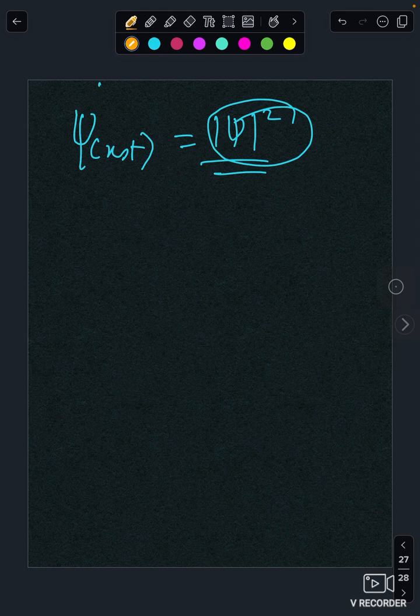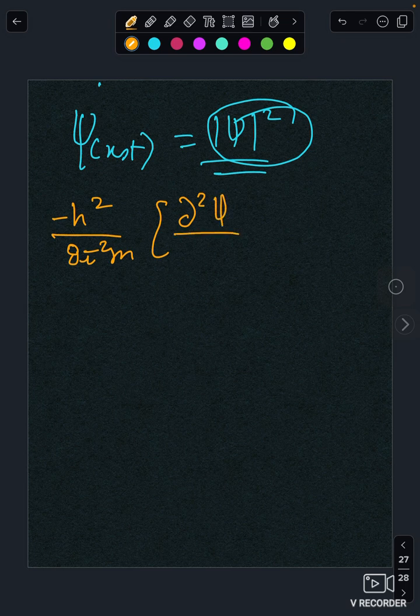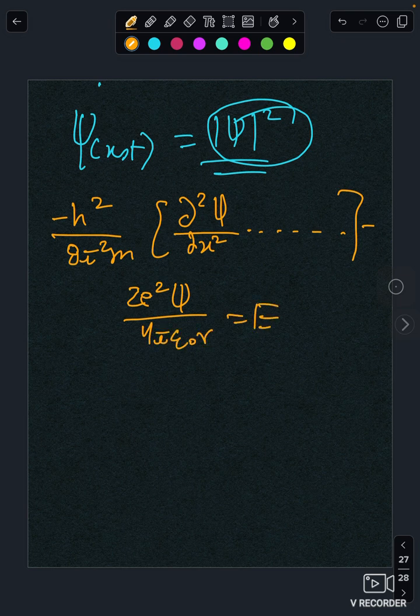If I write the Schrodinger equation for the hydrogen atom, I will write minus h bar, or only h, squared over 8 pi squared m, then the partial derivative squared of x and so on, with the same thing for y and z, minus Ze squared over 4 pi epsilon r psi, equal to energy times psi.